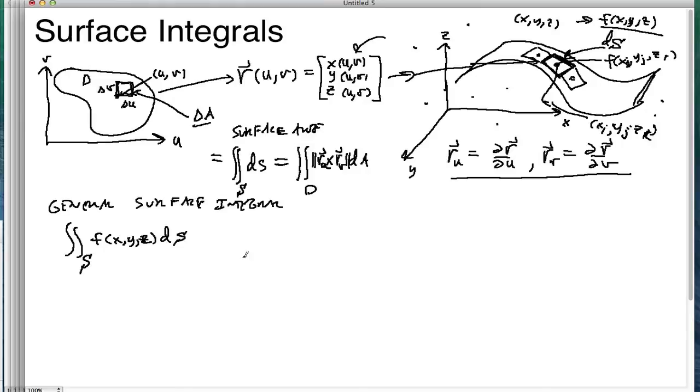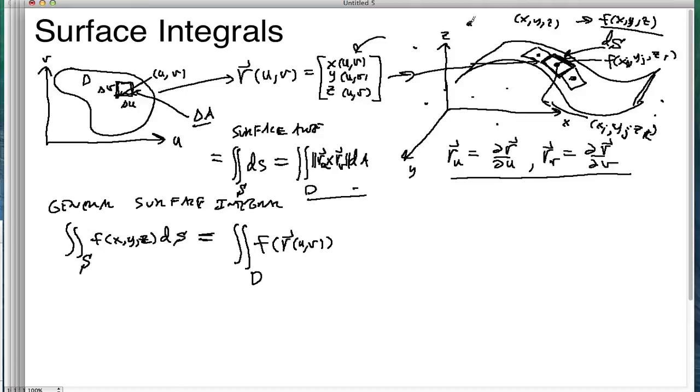So all we have to do then to define this integral is do the same thing we've done before, but now we're just going to write the double integral over D, just like before here, and then we're going to evaluate f at the point r of u comma v, which is the value of the xyz coordinates that are restricted only to the surface.